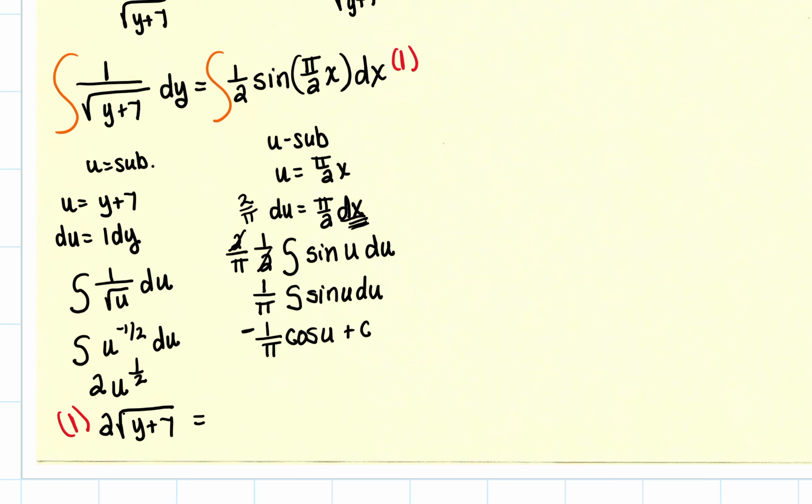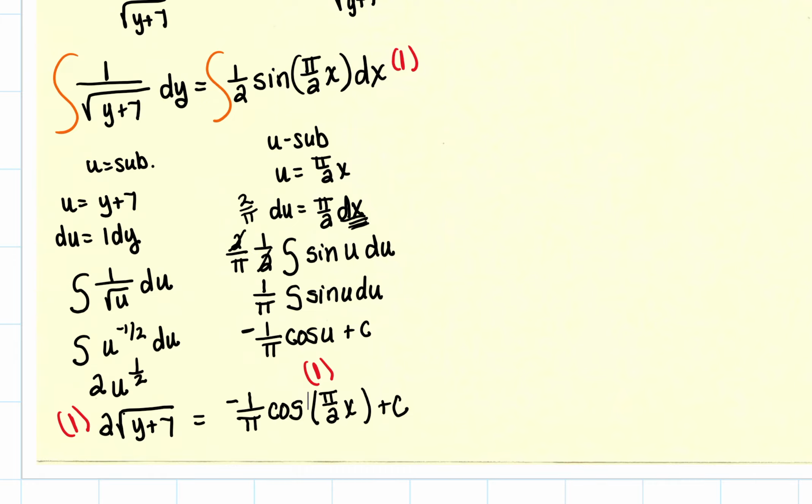Now go back in and put your u in, and you have negative 1 over pi, the cosine, but where my u is, we said right here that was equal to pi over 2x plus c. If you integrated this side of the equation correctly, give yourself another point.